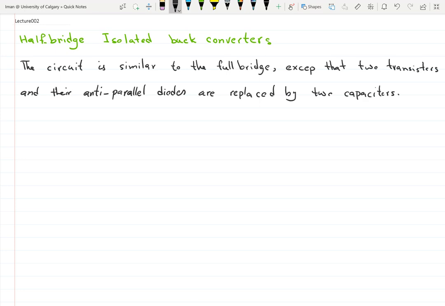Okay, so let's look at the circuit diagram, the schematic. Let's try it with this black. So the capacitor here.